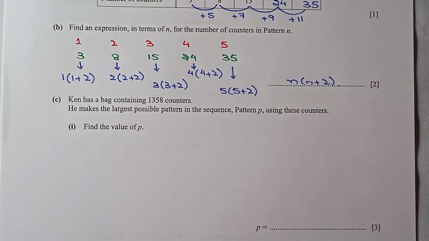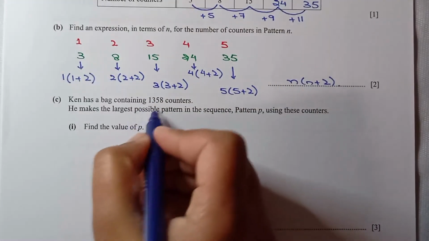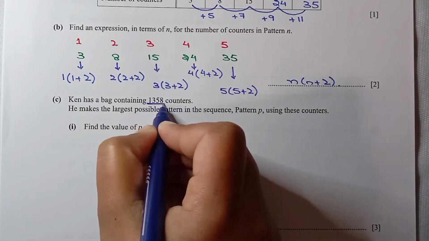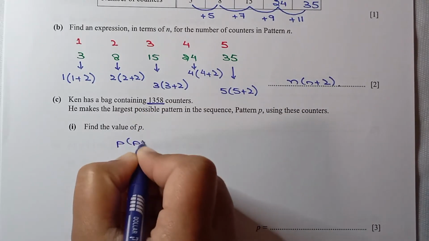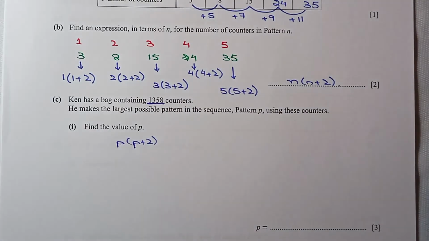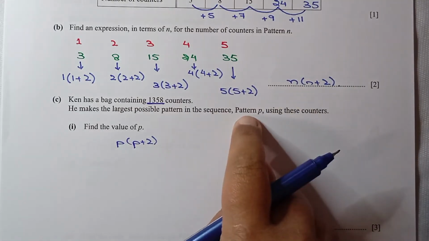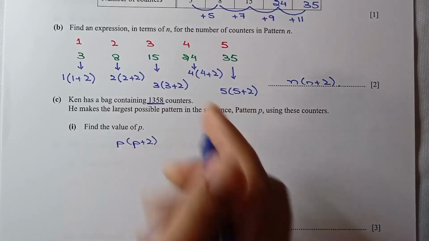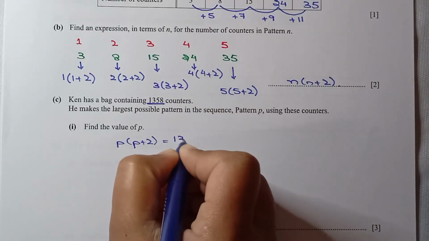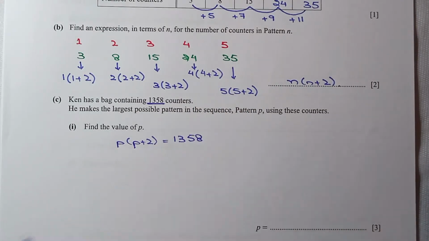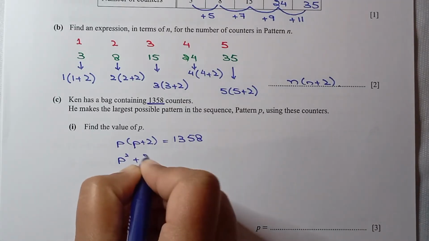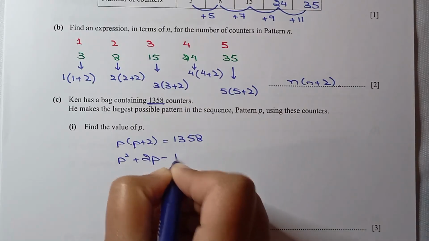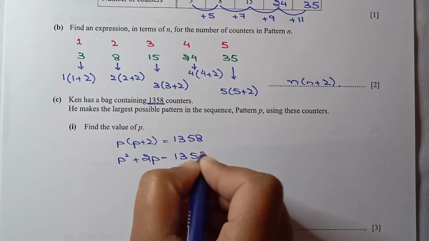Okay, so what we need to do, he has a total counters would be this. So in terms of n, we can replace it with P. P into P plus 2. This is for the pattern P, the number of counters for pattern P, and the total he has is 1358. Right? Okay, so we have P square plus 2P minus 1358 would be equals to 0.